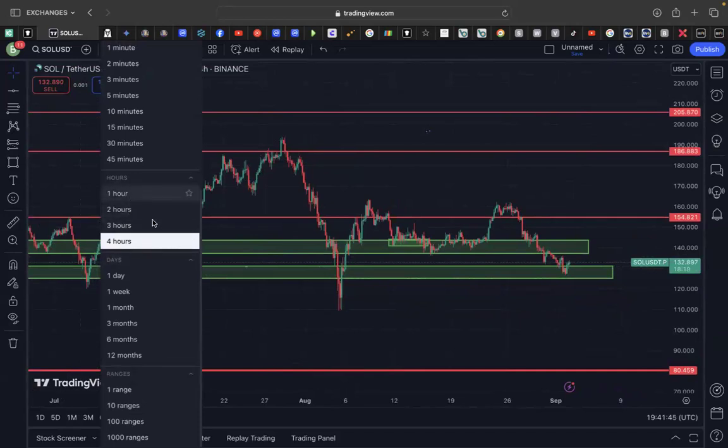Basically the 4 hour and the 1 hour are for the swing traders, those who want to hold positions for a day, a week, or a few weeks.